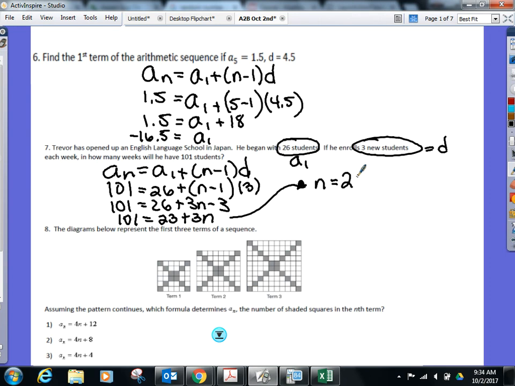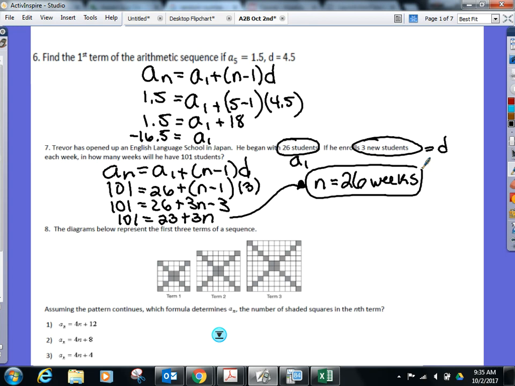Okay. Did you subtract 23 from 101? So it should end up being 78 equals 3n. Divide both sides by 3. It ends up being 26 weeks. Okay, everyone good?